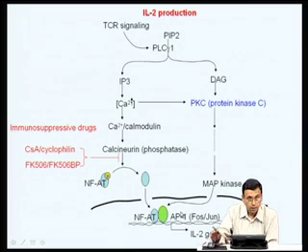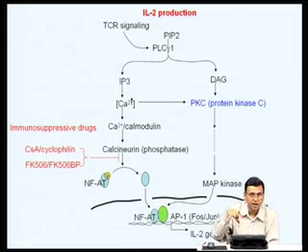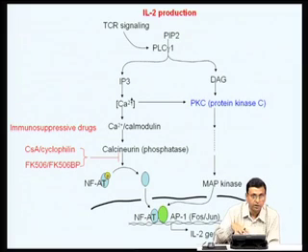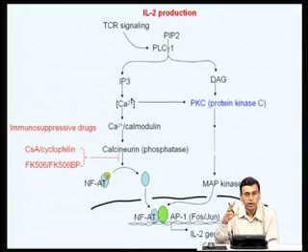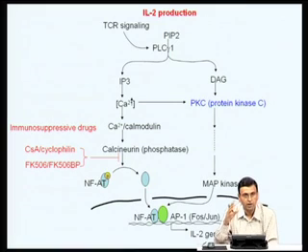A very important aspect I want to emphasize is that understanding these signaling pathways, and the various transcription factors activated or repressed by them, is very important for developing novel drug molecules, because many of these components of the signal transduction pathways, either at the transcription factor level or at the kinase or phosphatase level, are very important drug targets.